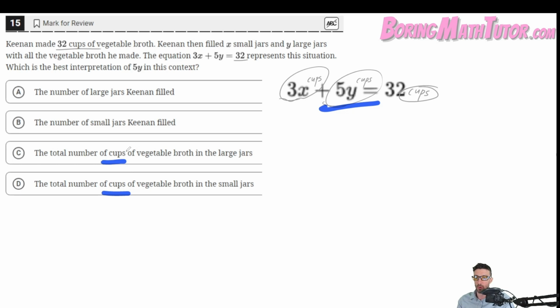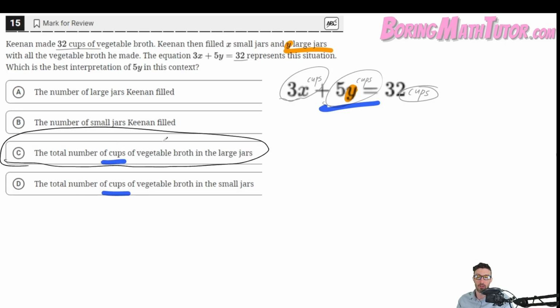Now, is it the total number of cups of vegetable broth in the large jars, or is it the small jars? Well, it has to deal with the y, and the y is for the large jars. So now I just read this, and I just double check that it makes sense.